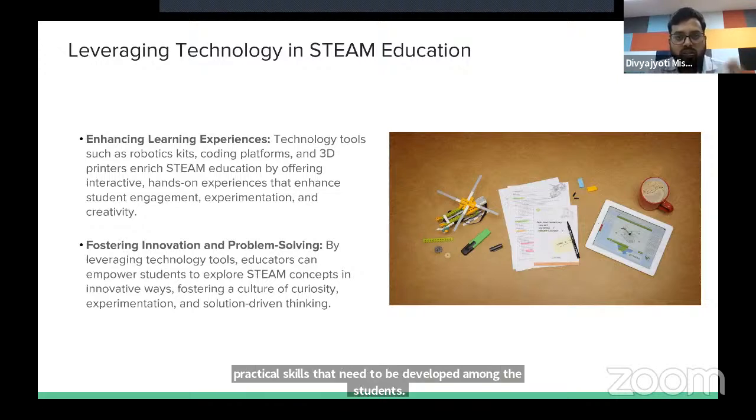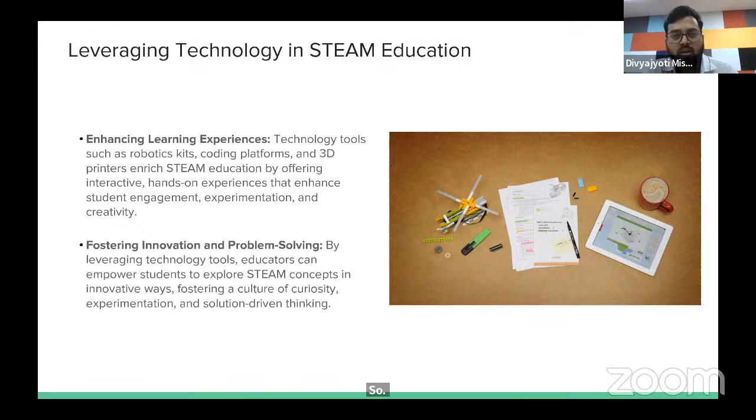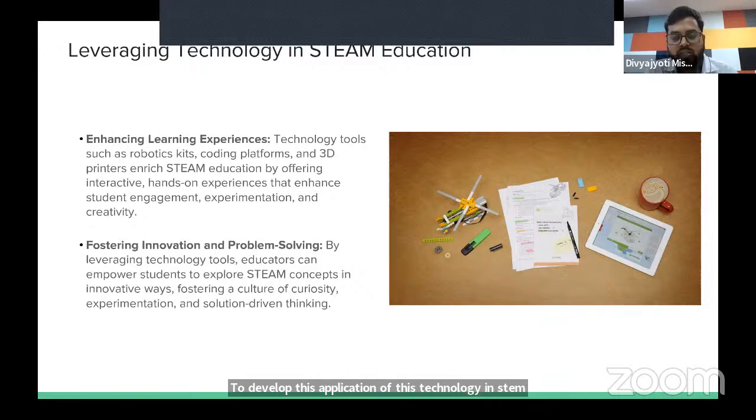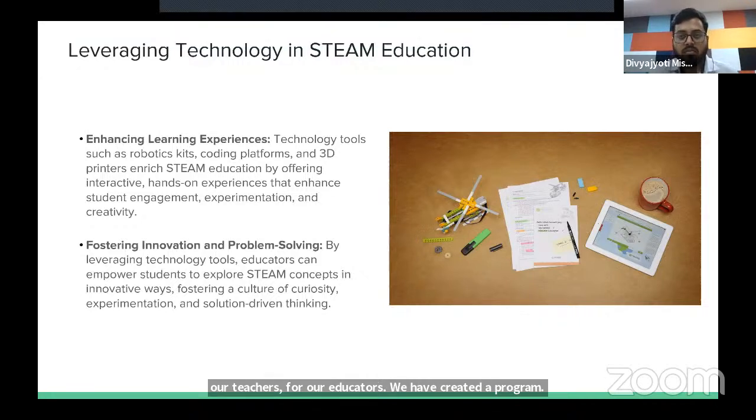So to develop this application of technology in STEM education, for our teachers and educators, we have created a program called online certified trainer.